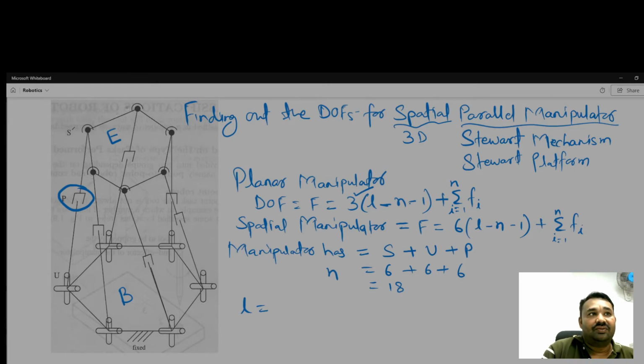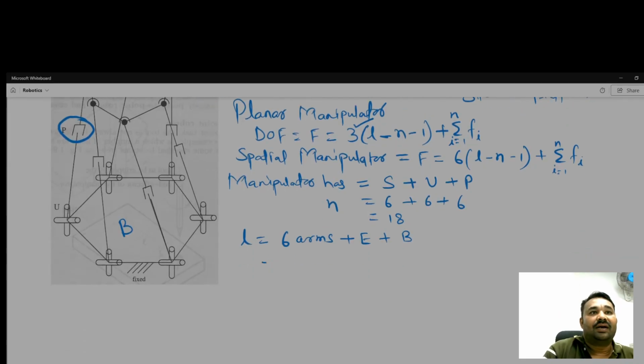So here 6 arms, plus the end effector, plus the base. 6 arms, each arm has 2 links, so that's why it is multiplied by 2, and 1 end effector we have, 1 base we have. So it is 12 plus 2, which means 14.